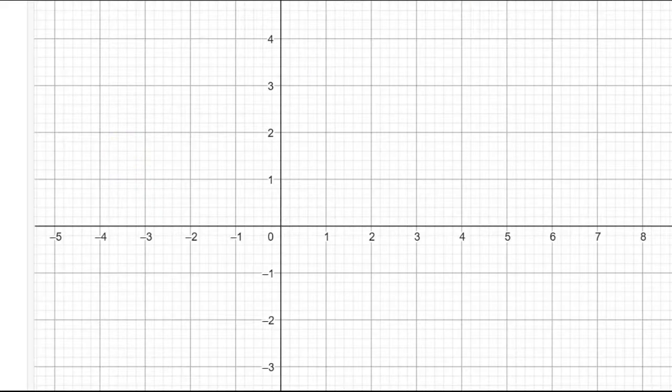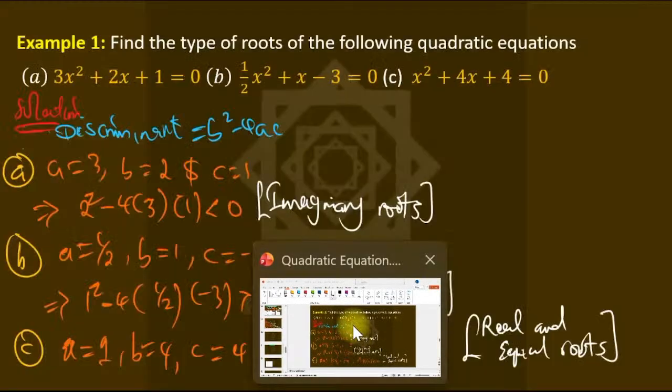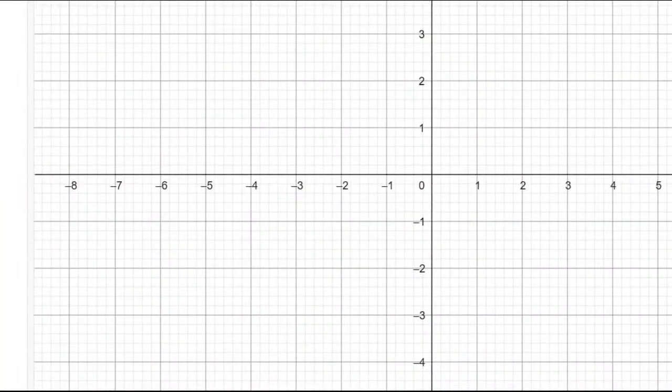The first one is 3x squared plus 2x plus 1 equal to 0. Remember the curve and the x-axis, where it intersects. So we plot y equal to 3x squared plus 2x plus 1. What do you observe?